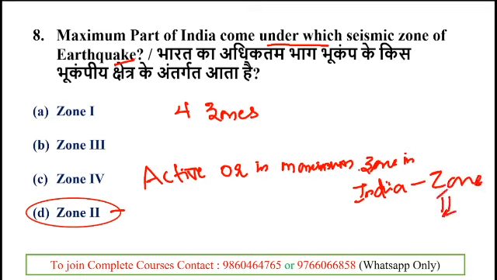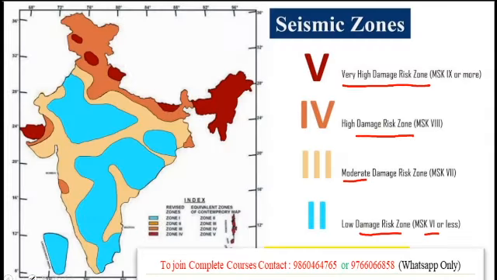In zone two, you can see the blue shaded area, the more or maximum area in India. So that is the low damage risk zone. So in India, the earthquake risk is low damage. Clear. There is a maximum low damage risk zone present in India.